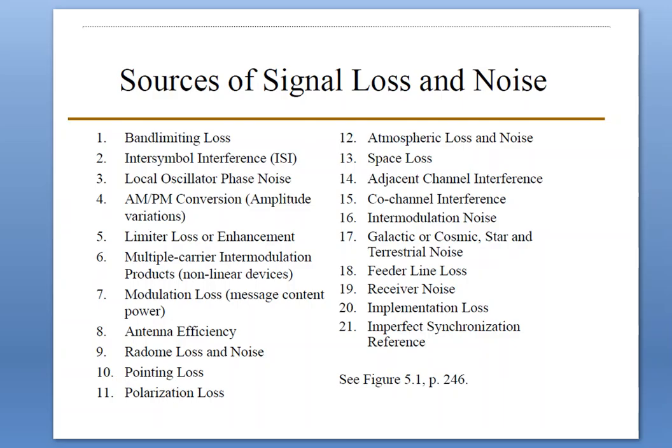They are also used to focus electromagnetic energy in a desired direction. The larger the antenna aperture, the larger the resulting signal power density in the desired direction. Antenna efficiency is described by the ratio of its effective aperture to its physical aperture.